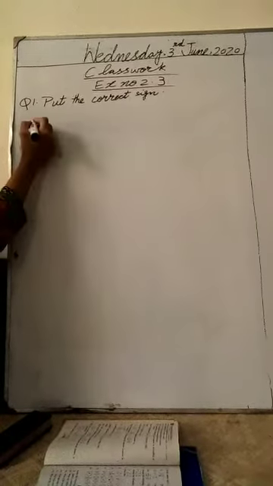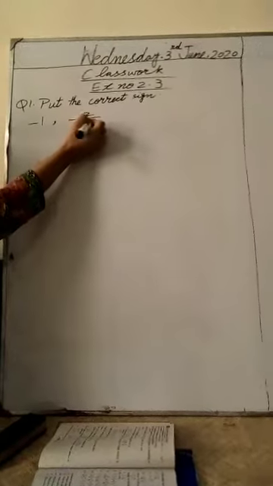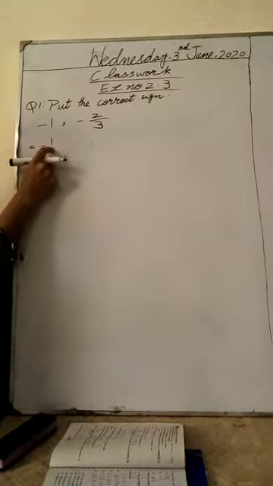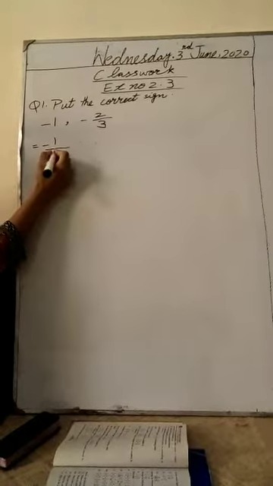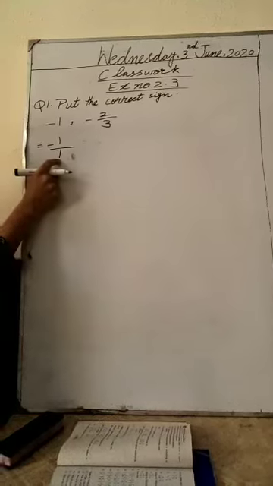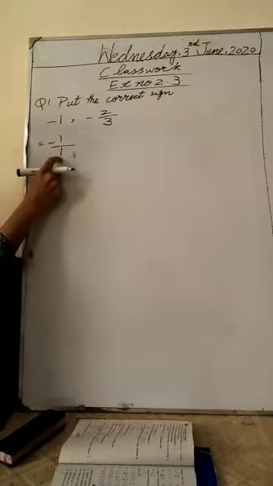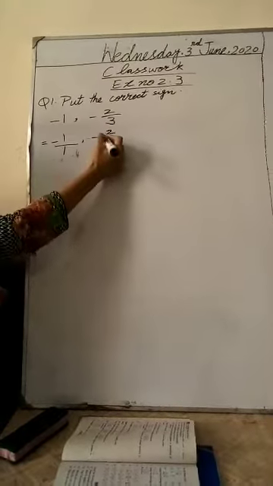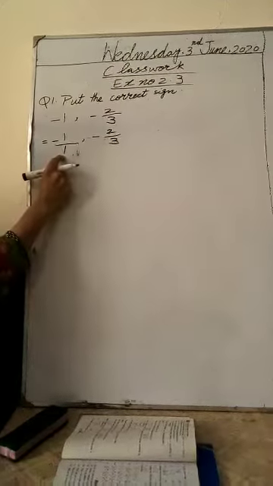Minus 1, comma minus 2 over 3. Write your question again. Single value having the LCM is 1. So you need to write the 1 as a LCM, as a denominator for your easiness. Now see, LCM are not same.